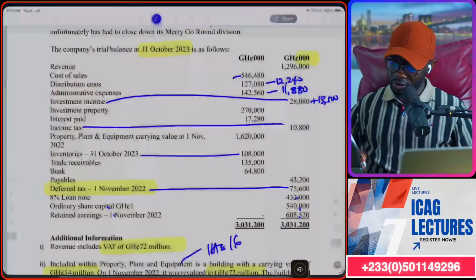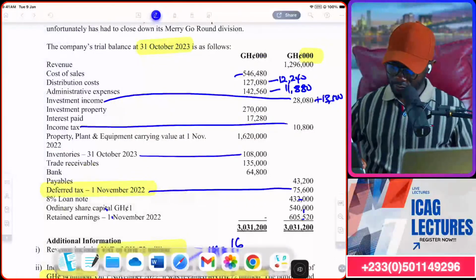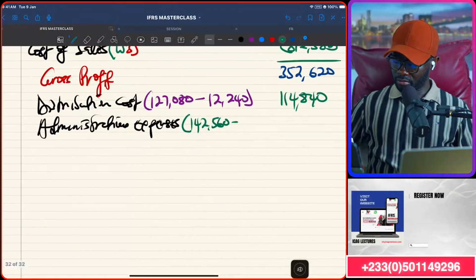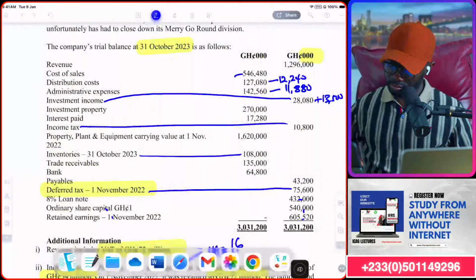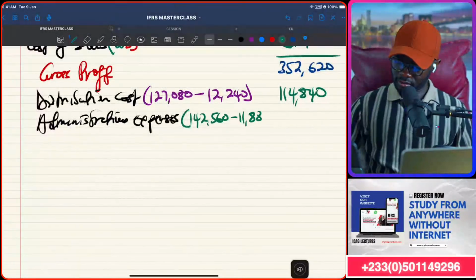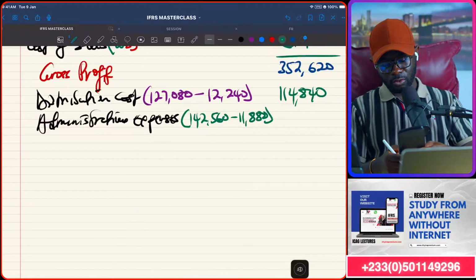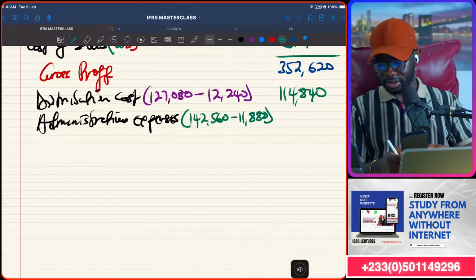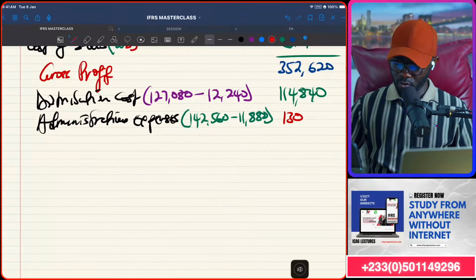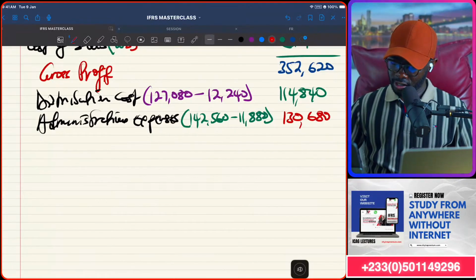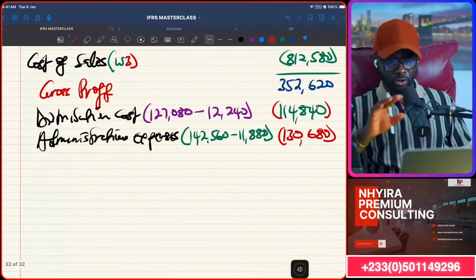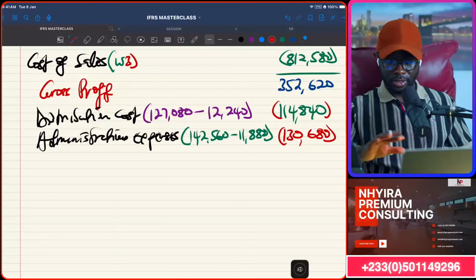We do same for admin, 142,560 minus 11,880. 142,560 minus 11,880. And that is 130,680. Okay, so we less these up.